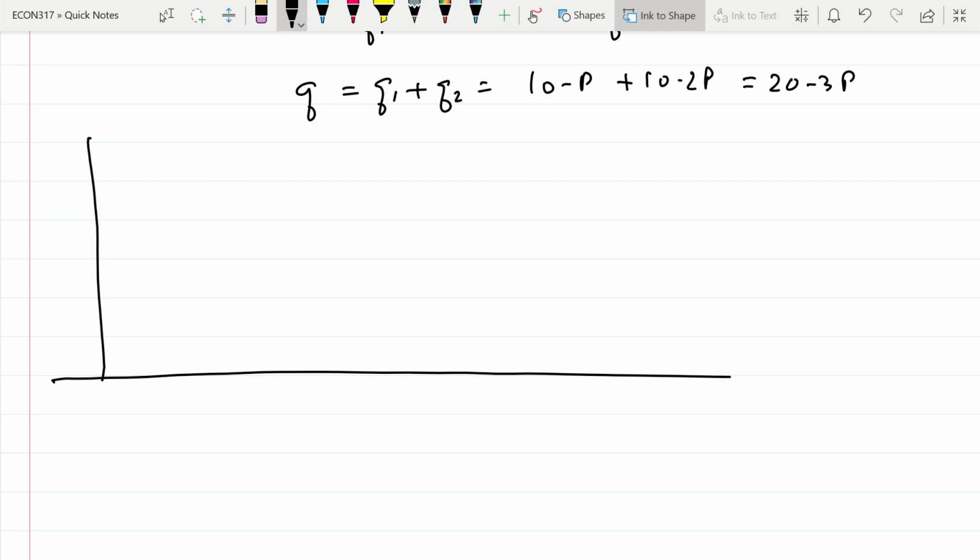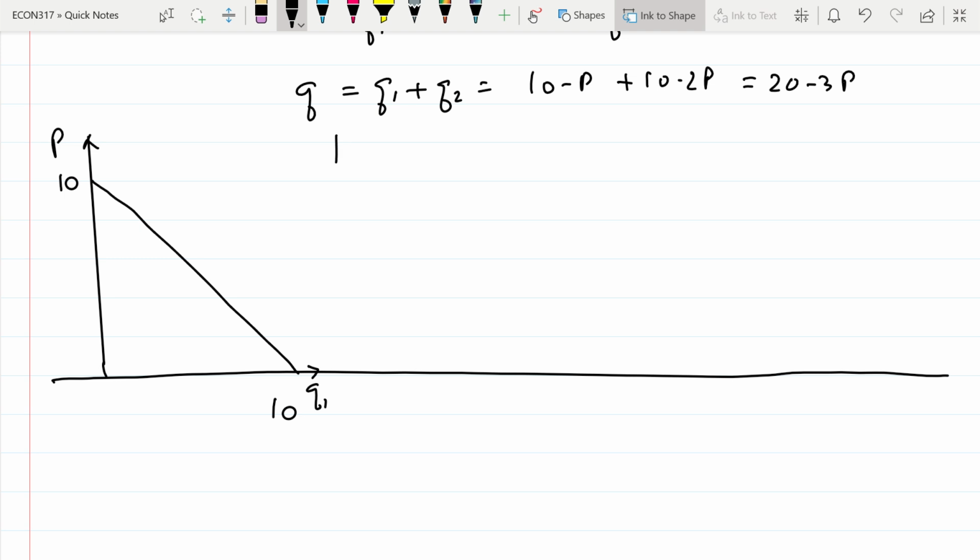I want to draw the horizontal axis long enough to be able to take care of all the buyers as well as the cumulative market demand. So I have P here. Let's look at the quantity to be 10 units, price to be $10 per unit. That's the demand for my first buyer, and I will denote it as Q1.